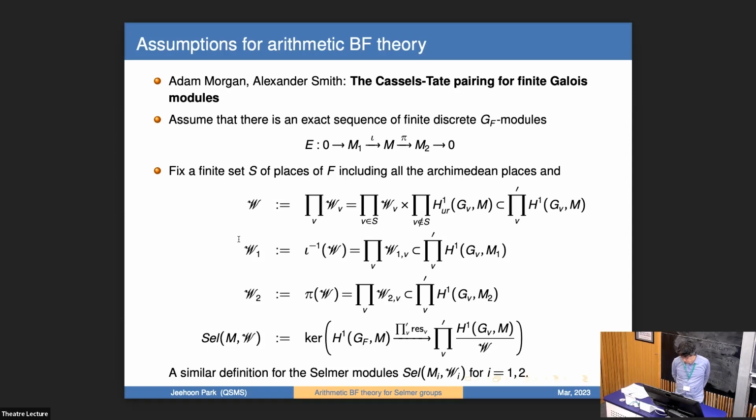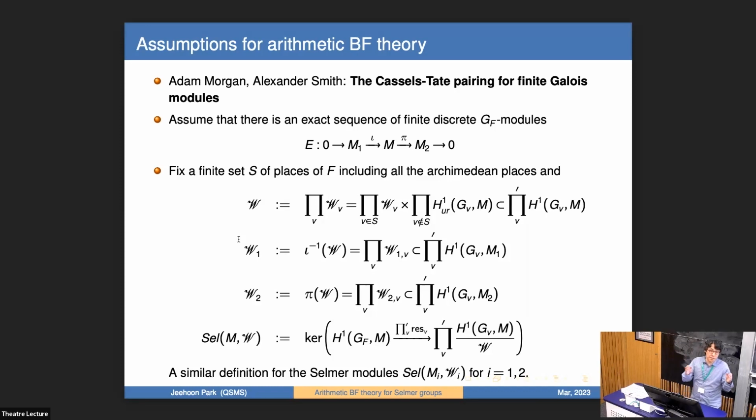The local conditions W are a product of W_v, and I fix a finite set S. Outside S are unramified conditions, and inside S you can give any conditions, like p-adic Hodge theory conditions if you want, or you can give no conditions, taking all the local cohomology group, or you can take zero. There is flexibility. And Omega W_1 and W_2 are defined by the iota inverse of W, pi of W. So that's the input data.